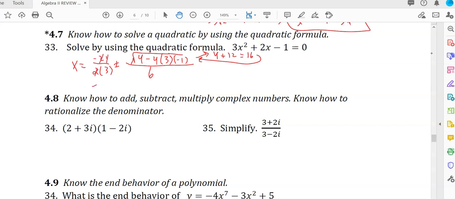So you get x equals negative 1/3 plus or minus, square root of 16, which is 4 over 6, which is negative 1/3 plus or minus 2 over 3, which is two different answers, right? Negative 1/3 plus 2/3 is 1/3. Negative 1/3 minus 2/3 is negative 3/3, which is negative 1. So we get our two answers there.